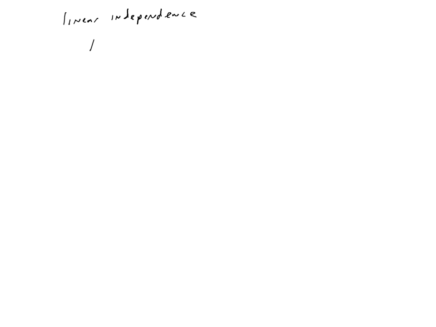What linear independence means is if you take scalars and multiply them by vectors, I'll use Greek for the scalars and Latin for the vectors, and add them all together, and the result is 0, and this only happens if all of the scalars are equal to 0, then they're linearly independent.